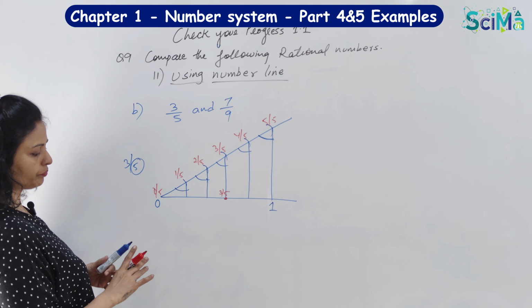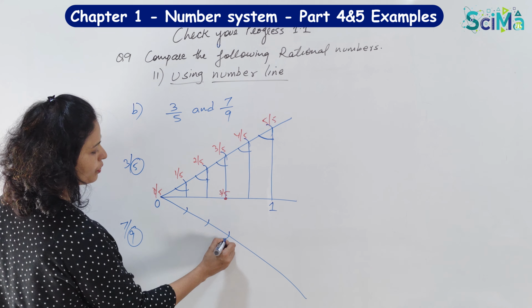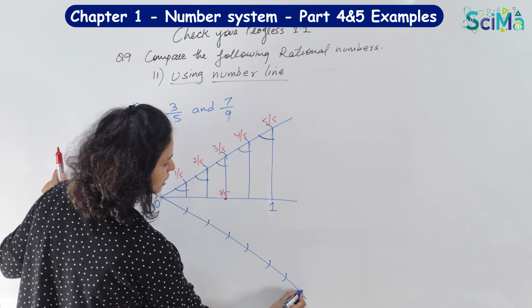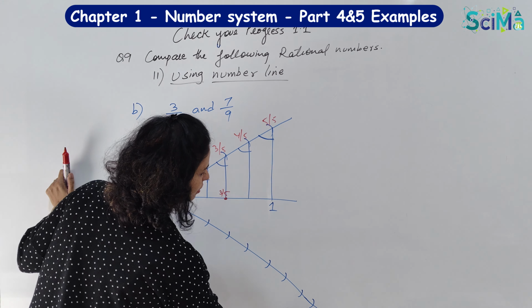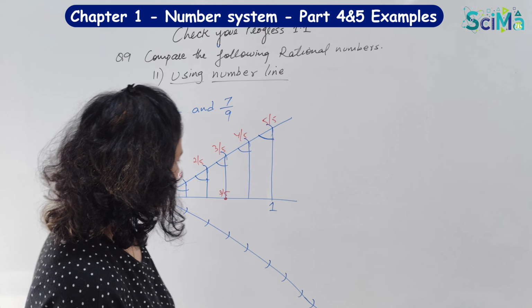Same thing, 7 by 9: make an acute angle below here and divide into 9 parts. 1, 2, 3, 4, 5, 6, 7, 8, 9. It's going really down for me. So I will join this. Now I have shown 3 by 5 here, and 7 by 9 divided into 9 parts.